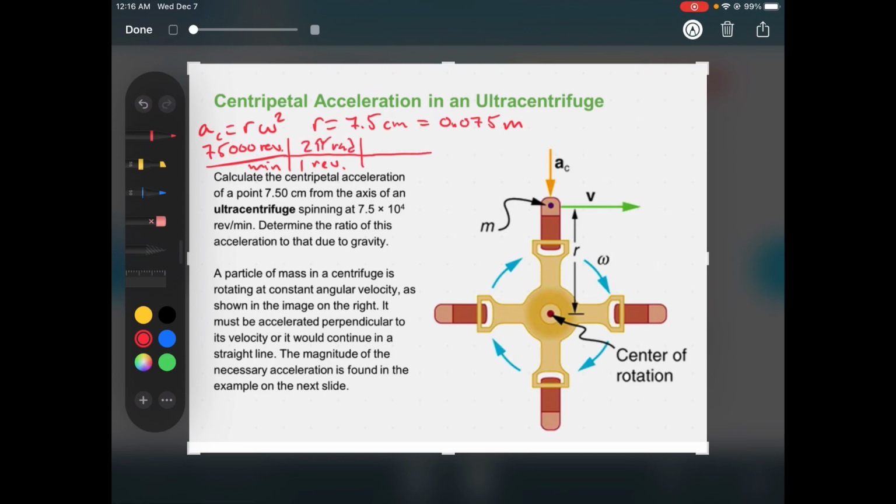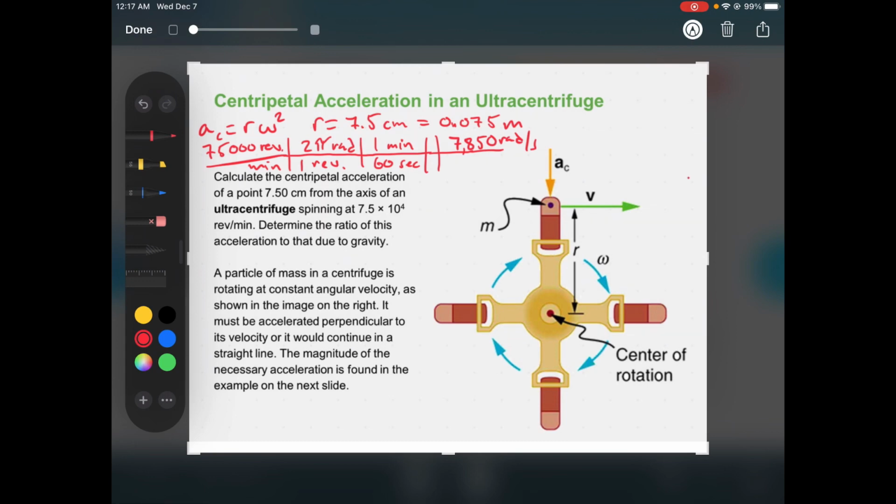And then we also know that in 1 minute, there's 60 seconds. So multiplying across and dividing will give us our radians per second. And that is going to be 7,850 radians per second. So we're not done yet.